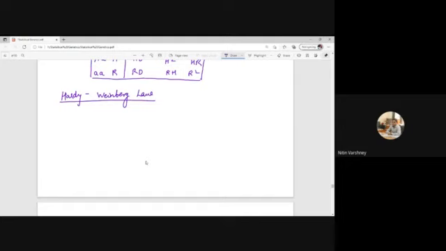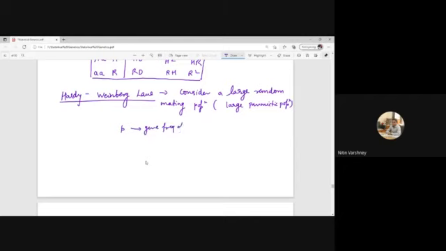We will consider a large random mating population, or we can say a large panmictic population, where P is the gene frequency of A and Q is the gene frequency of small a, and P plus Q is equal to 1.